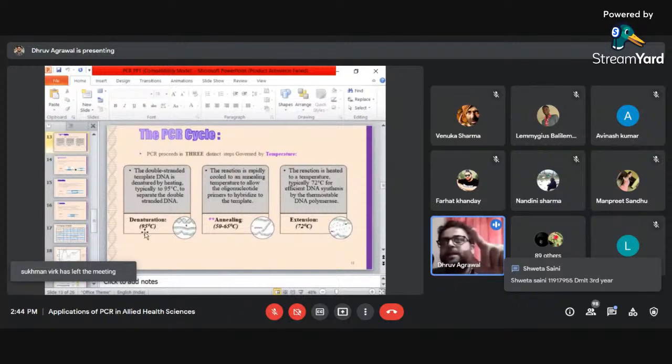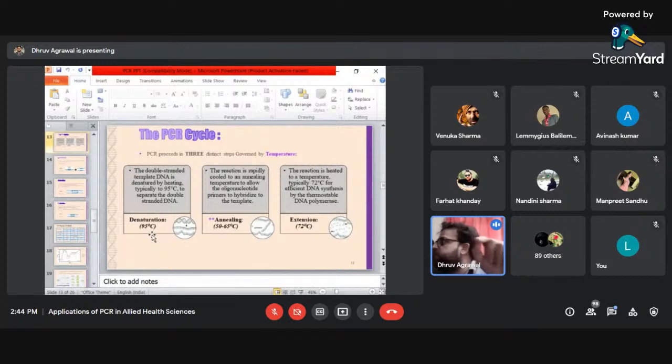In denaturation, we are giving a high temperature treatment. This high temperature treatment helps us in separating the 2 strands of DNA. The same thing was done by the helicase enzyme in DNA replication. Here we are not using any enzyme for that, because those enzymes may not withstand such high temperatures.